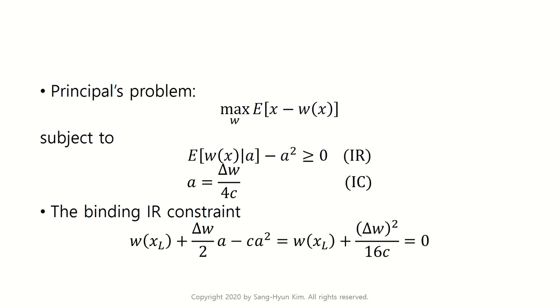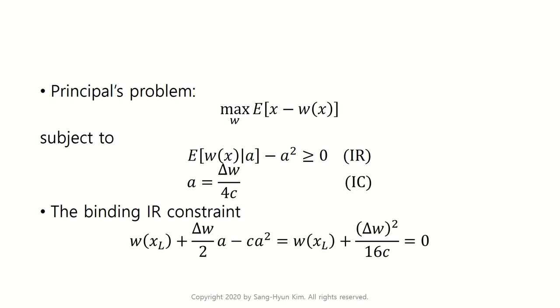And we have these two constraints, right, as before. The first constraint is called the IR constraint, short for individual rationality constraint. And the second constraint is called the IC constraint, short for incentive compatibility constraint.